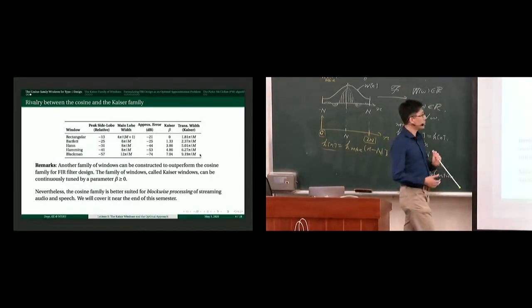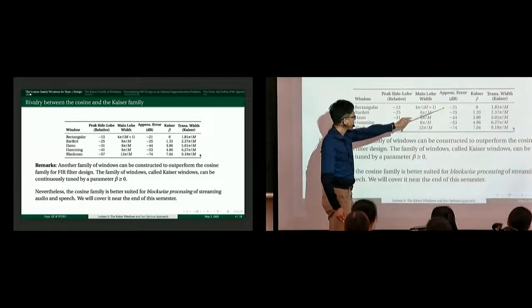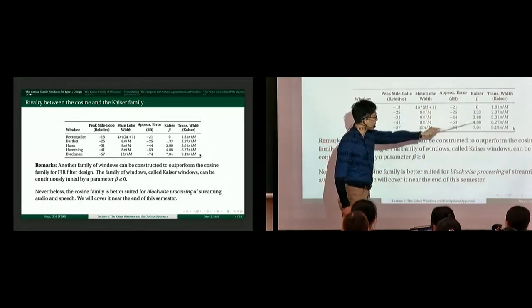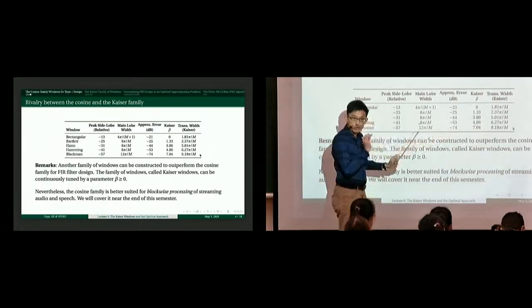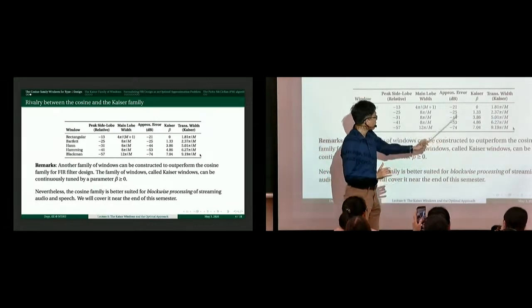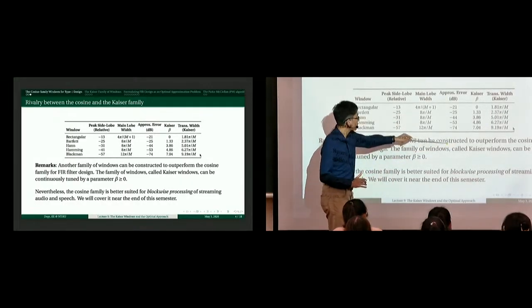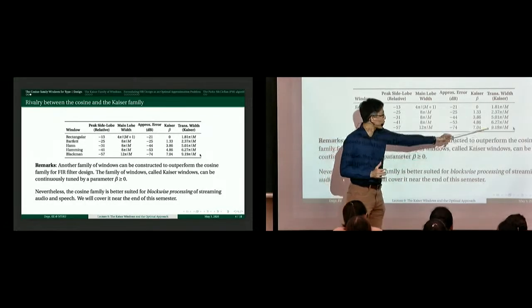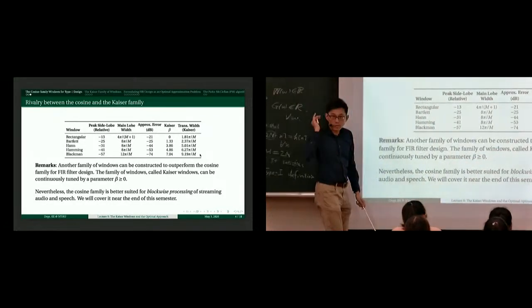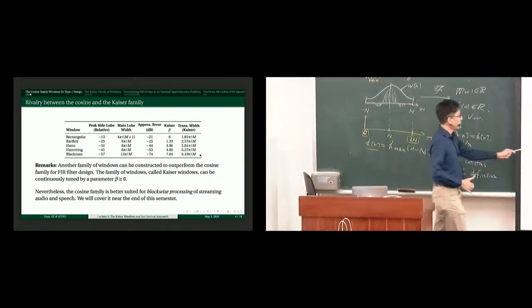By choosing beta equals 0, you get this approximation error, and by choosing a larger beta, you get a better approximation error. And then there's the same trade-off between approximation error versus transition width. When we suppress the approximation error, inevitably we increase the transition width. So that's the design philosophy that we need to introduce to you. Now let me just read this.